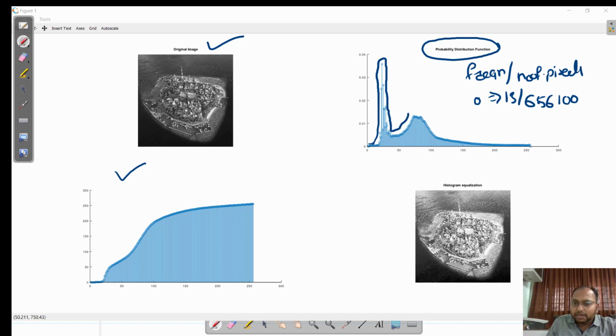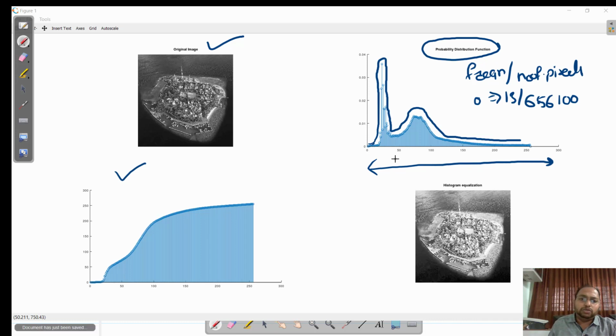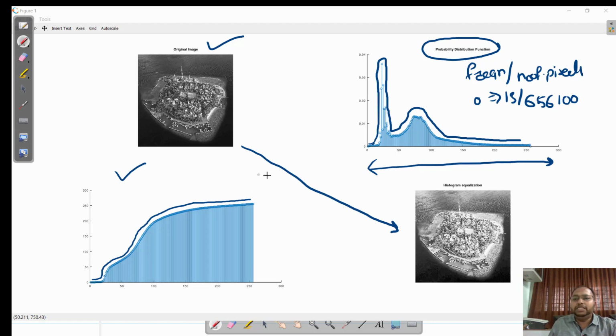And this is somewhat dense in some areas and very weak in other areas. So the gray level distribution was not proper, and that's why we have gone for histogram equalization. We have equalized all the gray level intensities in this way, and because of that we have transformed the original image into the histogram equalized image, which gives more detailed information about this area.